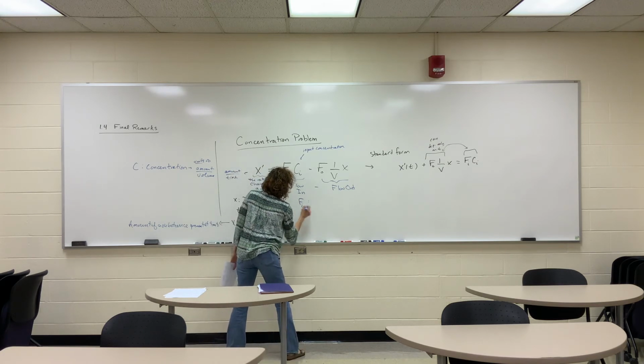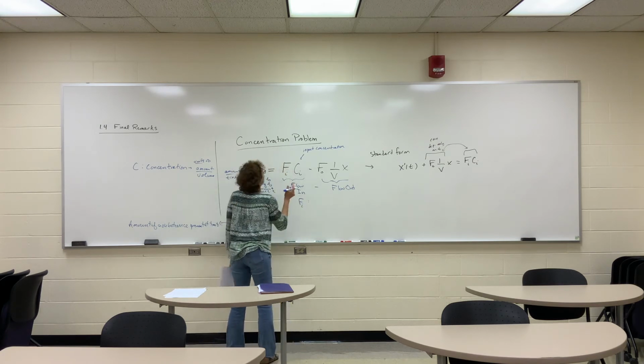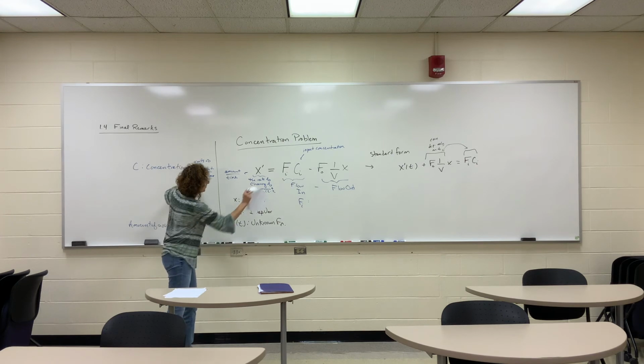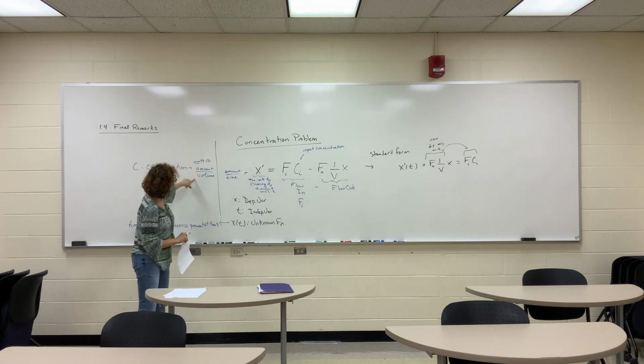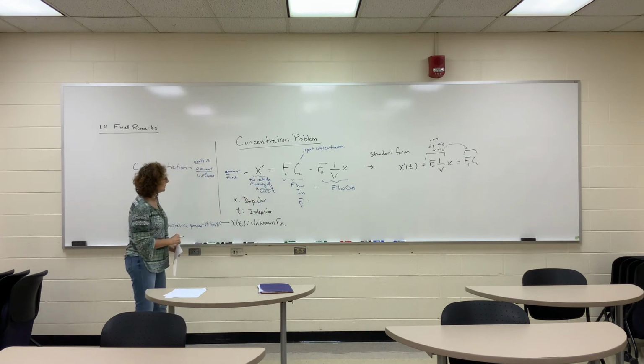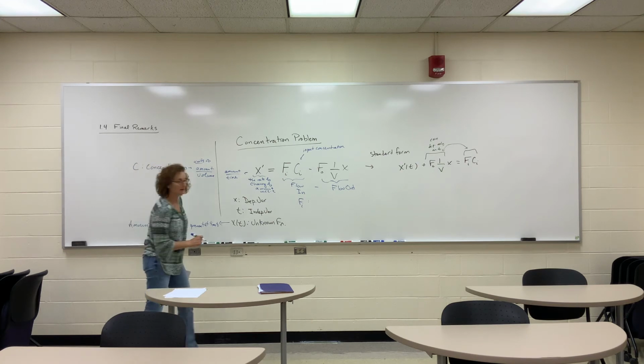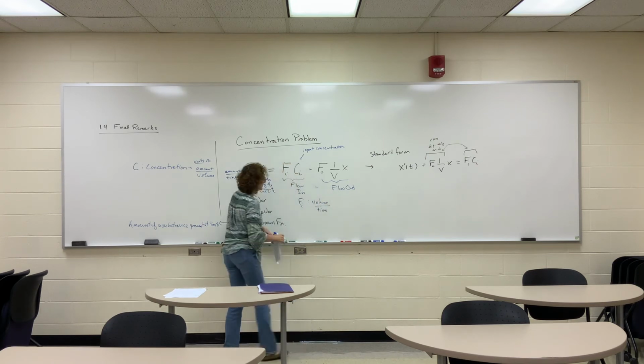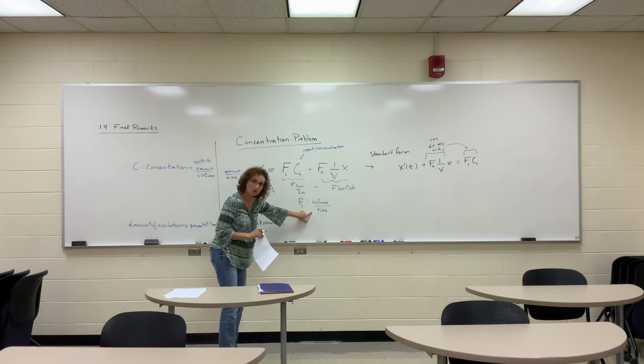So if concentration has units of amount per volume and the product has to have units of amount per time, what does the flow rate in have to have units of? Good. Volume per time. Because when I do volume per time, right?